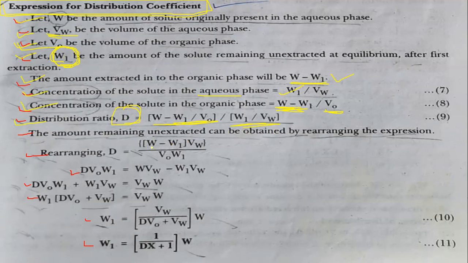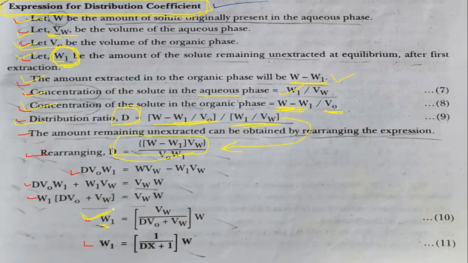So rearranging the above equation, we get this equation. If we solve this equation, after arranging it gives D. After solving this, you will get W1 equal to VW upon (D VO plus VW), in square brackets, and then W. Now divide this equation by VW.